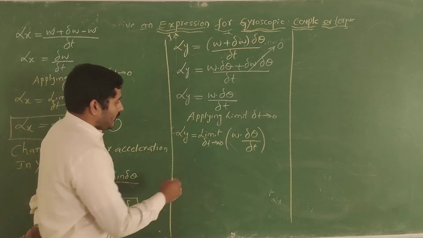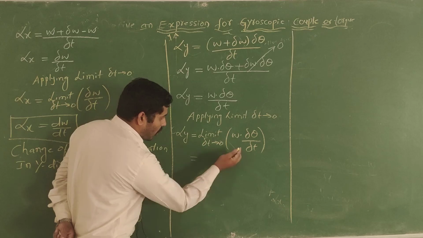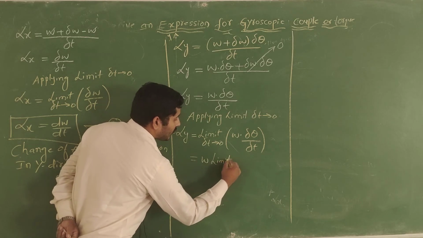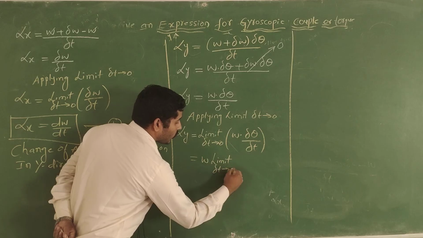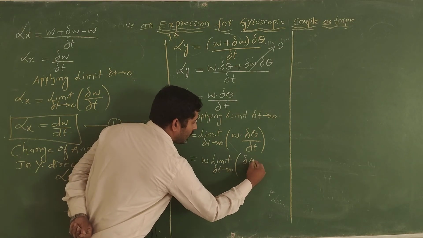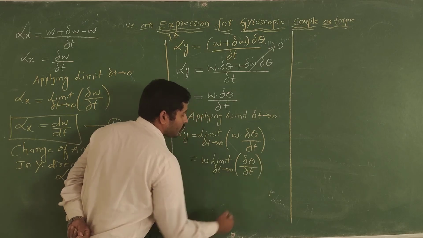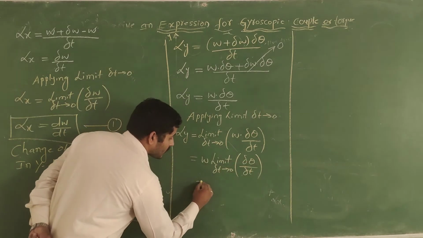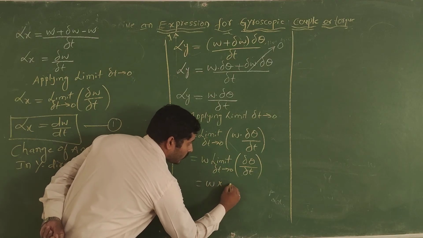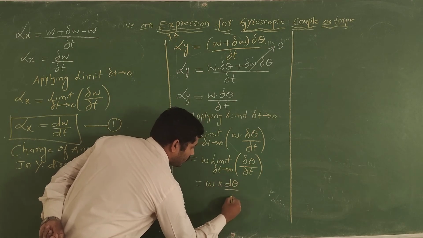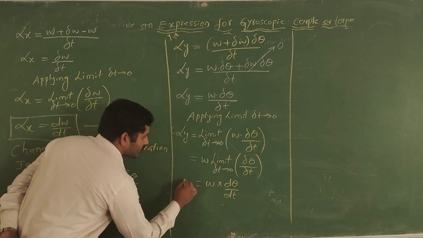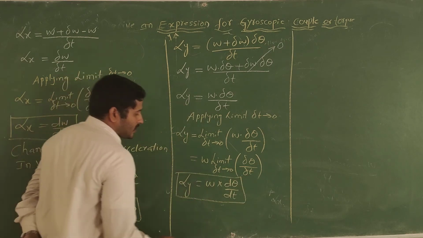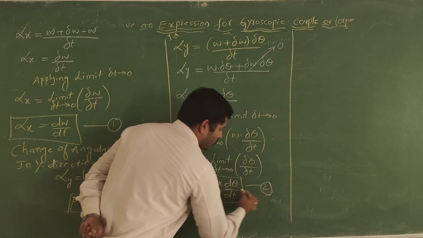Then we take omega outside: omega times the limit delta t tends to 0 of delta theta by delta t. If you apply the limit delta t tends to 0, it becomes omega into d theta by dt. That is the value of alpha y, and it is considered as equation number 2.